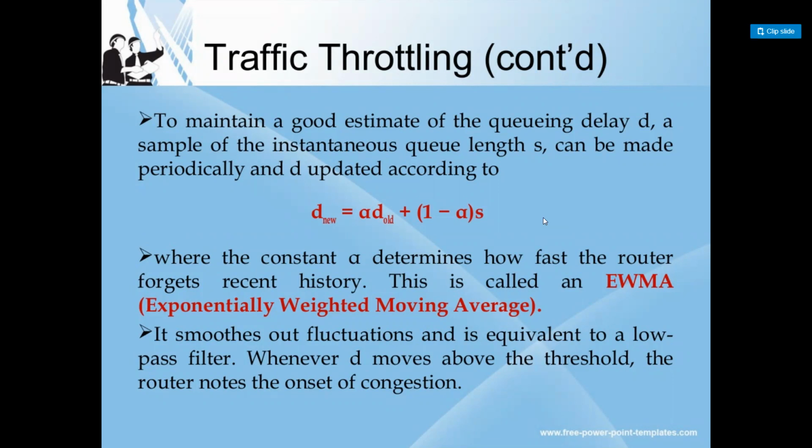Simply, if the delay D is above the threshold point, the router may expect imminent congestion, and very soon there will be a possibility of congestion at the router.